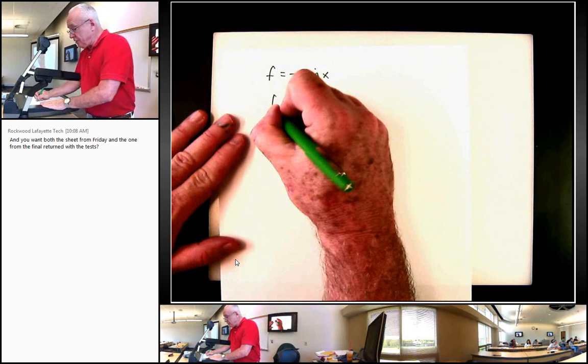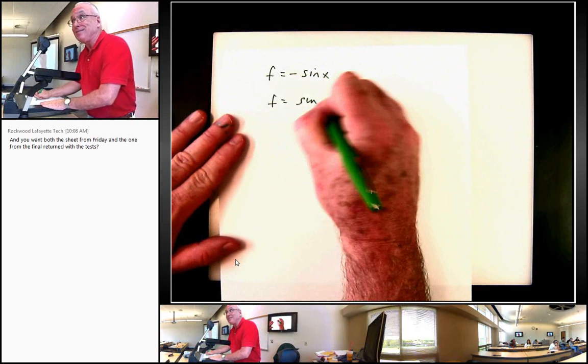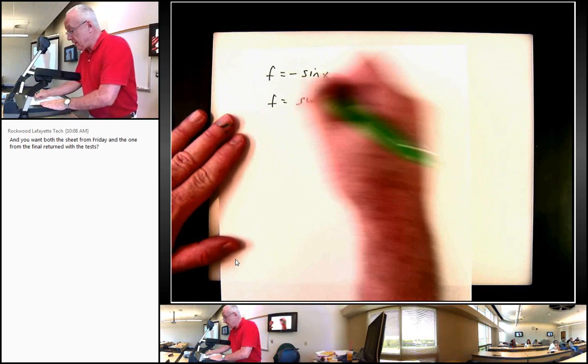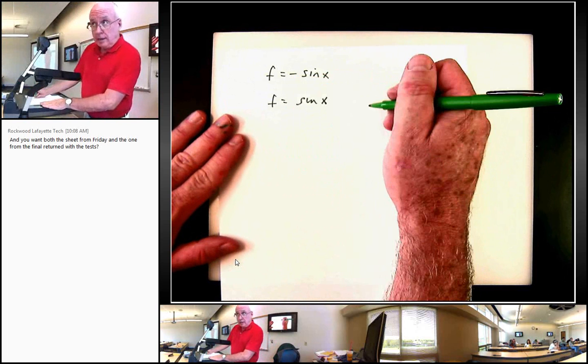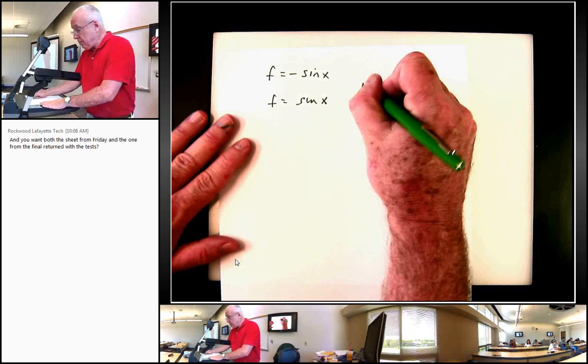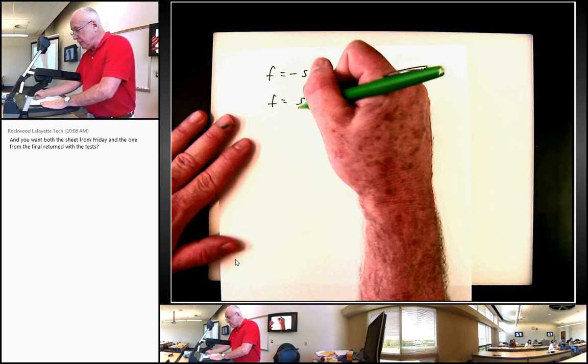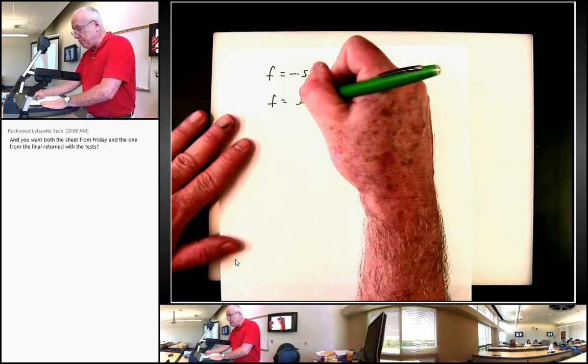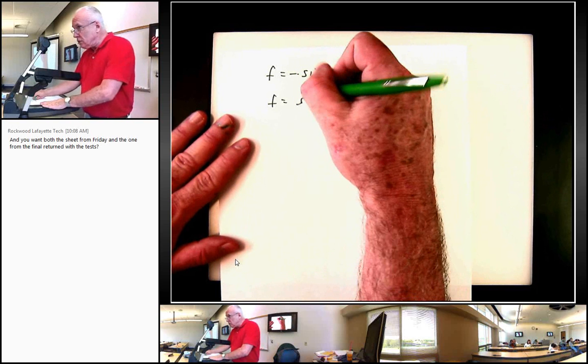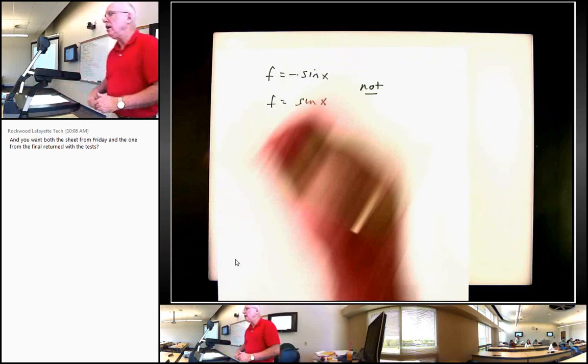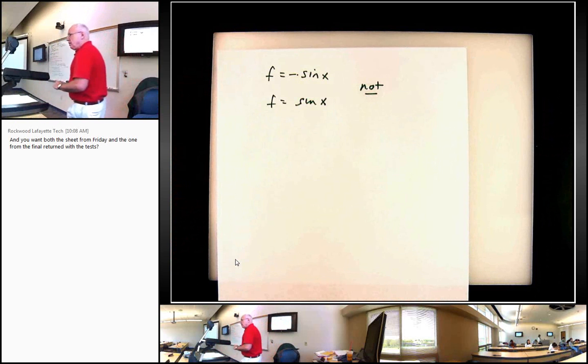The other f that you come up with is a positive sine of x. Then, assuming you did the calculations correctly, it would not be conservative. Are you saying that this minus and plus would cancel each other out? Yeah, okay.